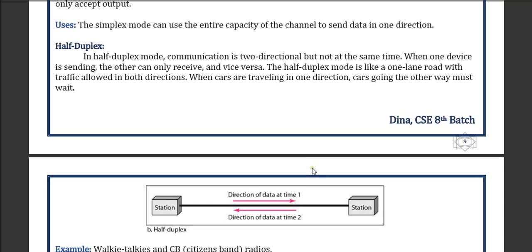This is also bidirectional but not at the same time. That means if station A is sending data to station B, then station B needs to listen, but at that time it cannot send any data to station A. That's why we have directed there for data time 1 and data time 2. The example of this type can be a walkie-talkie.